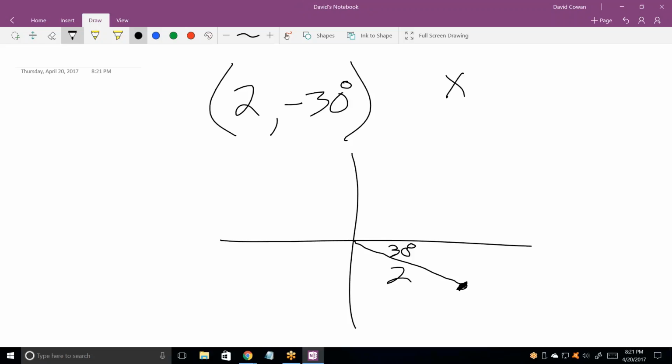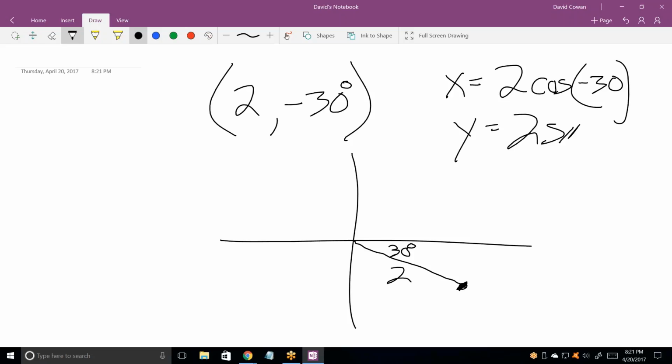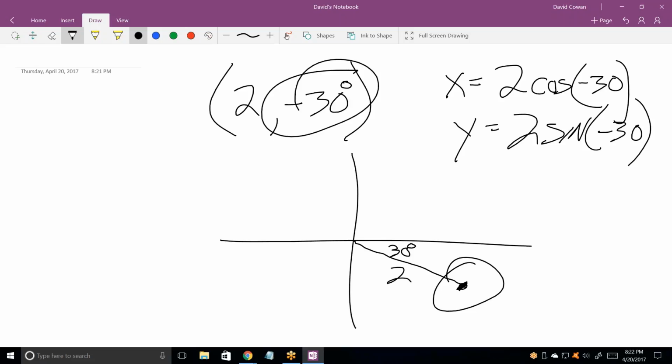So x is going to be 2 times the cosine of minus 30, which is a positive number. And y is going to be 2 sine of minus 30, which is going to be a negative number. So it puts us in the right quadrant. So yeah, you can use negative thetas.